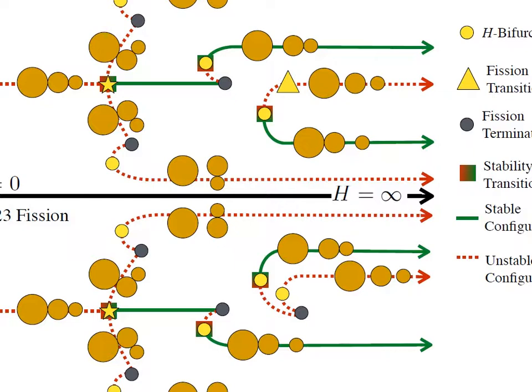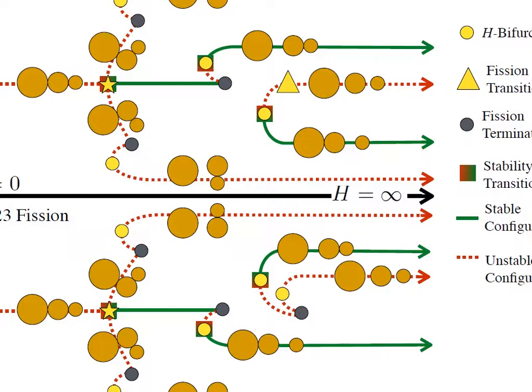And what we actually find is across the mass distribution parameters, we have different pathways that can occur. And the most significant one here is what happens when this resting configuration fissions. And in fact, it can either fission into this configuration where the large body is left and the two small bodies separate, or it can also separate such that the two large bodies remain together and the small body separates.